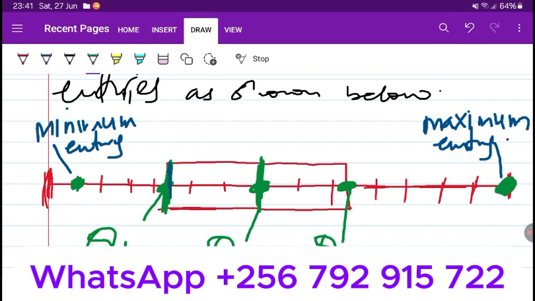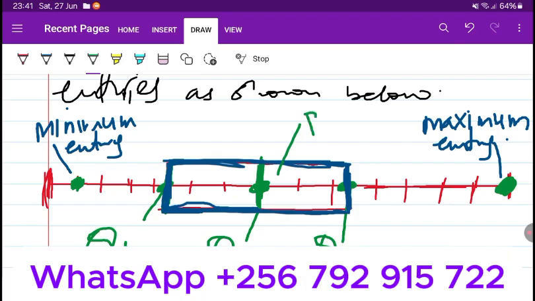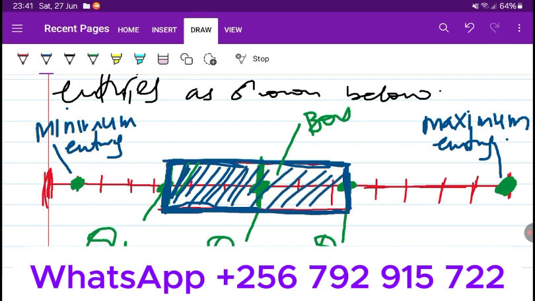We draw it like the way you're seeing here. This is the box that we talked about. This is the box plot. We can actually shade it, maybe with blue. So that's our box.